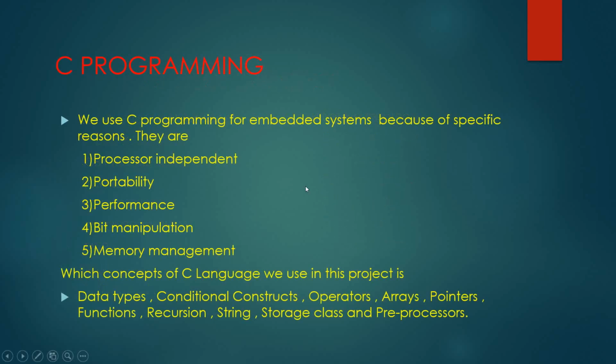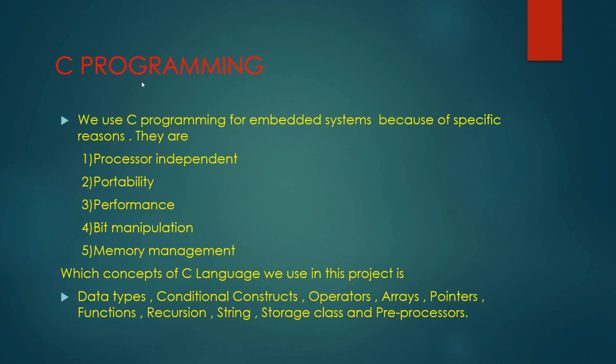Let us see further. When we are discussing this project, we have to know about C programming. We have a question: why are we using C programming for embedded systems?